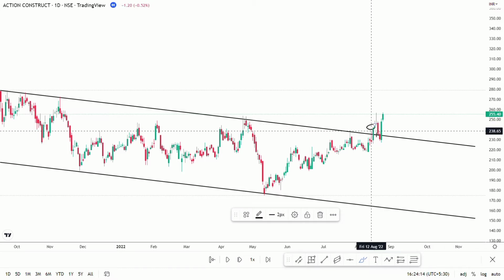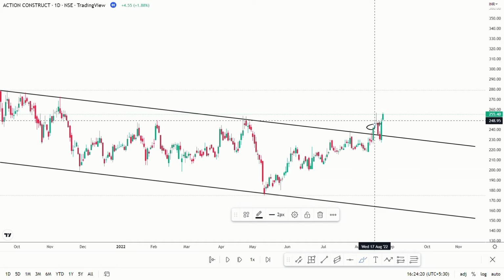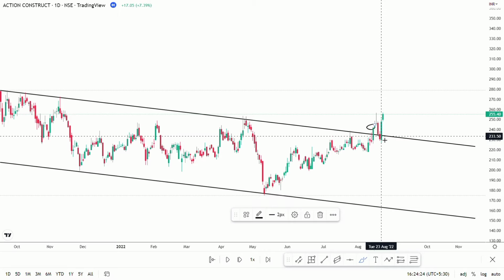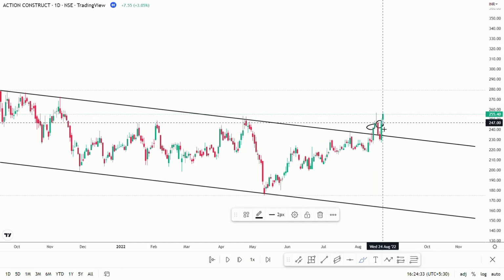If you miss this chance to enter, don't worry, this stock has given another opportunity: breakout, then retest, then again an up move. So our first entry is this and the second is at the retest level. These are the two entries the stock has given us.